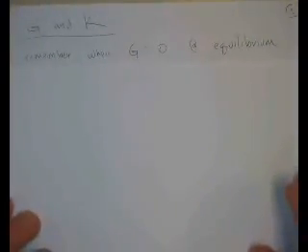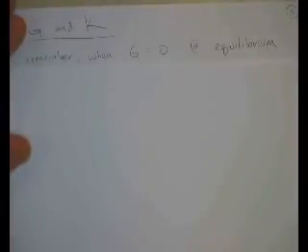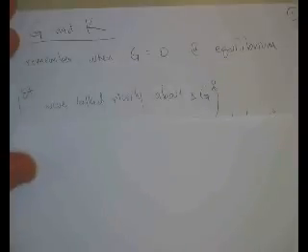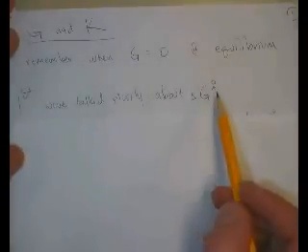Let's go to the next page. How about G and its relationship to equilibrium? Well, remember, when G is equal to 0, we're at equilibrium. But before we can relate an equation that has G and K in it, we've got to talk about G at standard conditions.